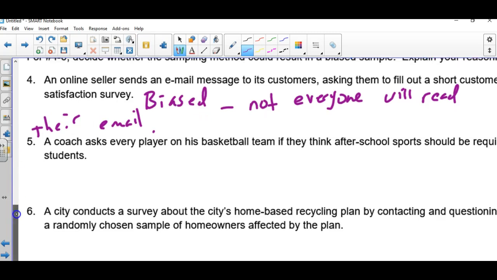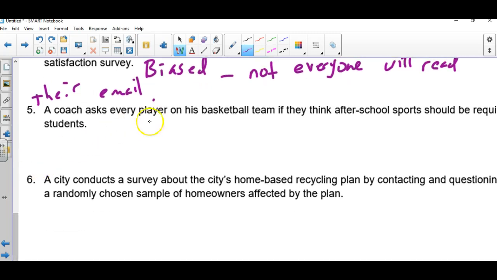All right, for this next one, a coach asks his players on the basketball team if they think after-school sports should be required for all students. And again, this is biased. And again, why? Because he's asking the basketball players.